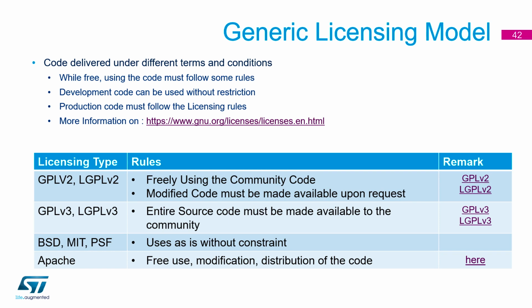There are certain items that are GPL v2. The ones you probably want to avoid are GPL v3s. This is where you may have to provide your entire source code to the community if someone requested it. So you have to pay attention to the different licenses for each of the different software modules you're intending on pulling into your application.